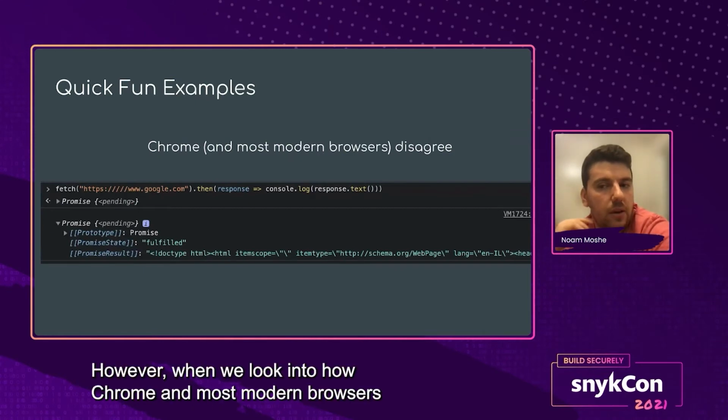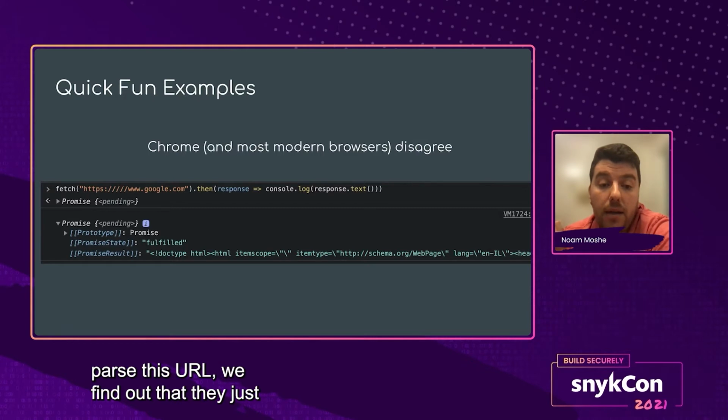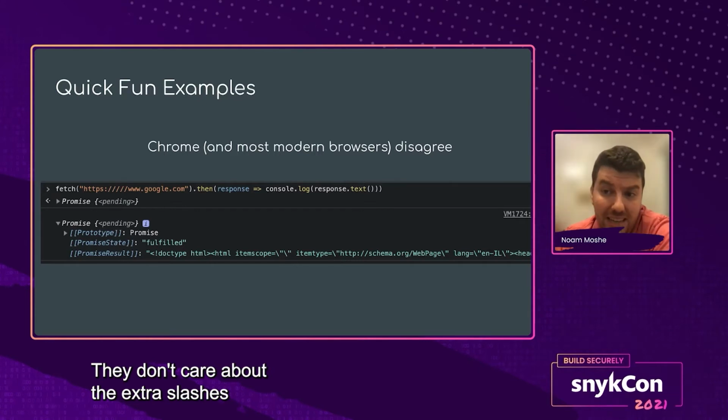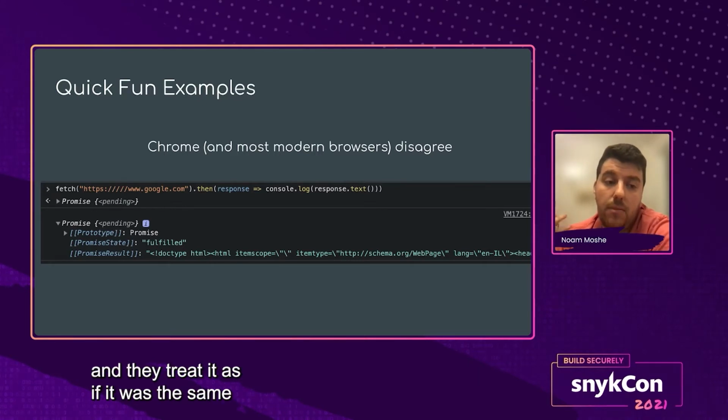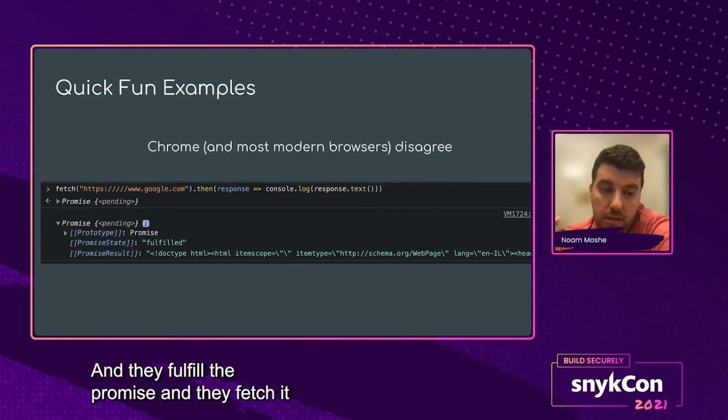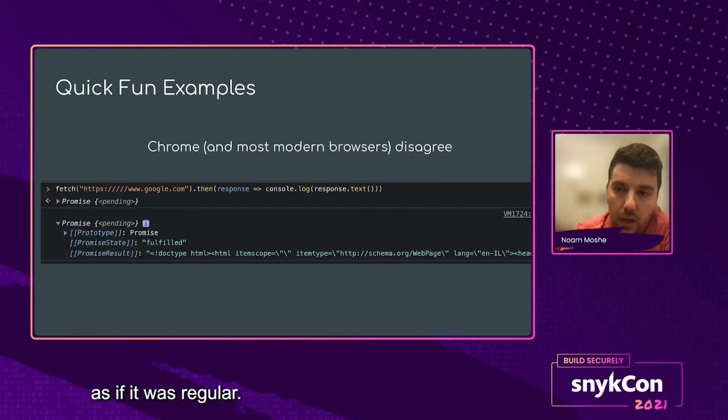Very interesting. However, when we look into how Chrome and most modern browsers parse this URL, we find out that they just ignore the extra slashes. They don't care about the extra slashes and they treat it as if it was the same as https://www.google.com, and they fulfill the fetch as if it was regular.